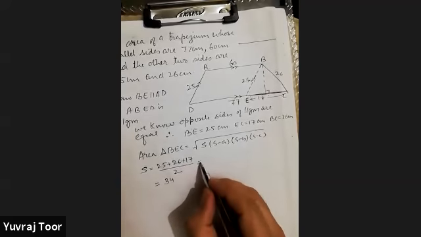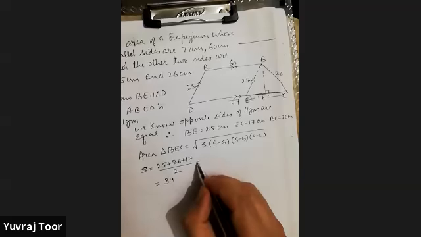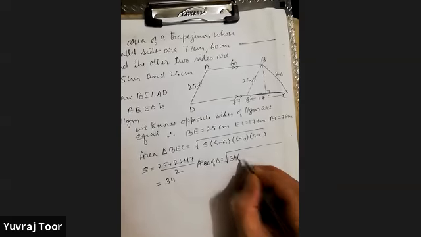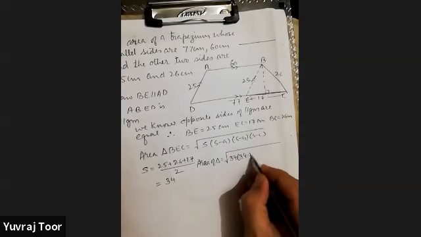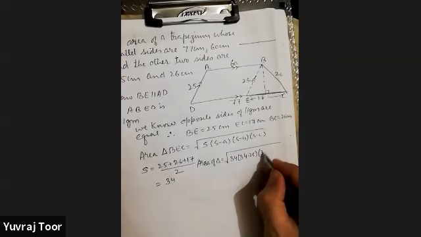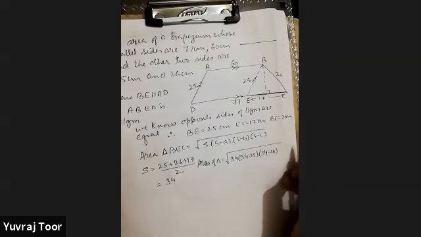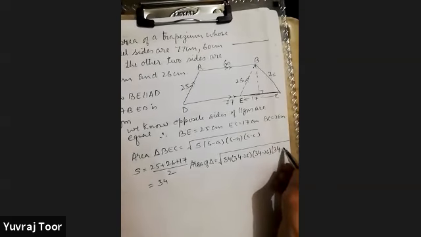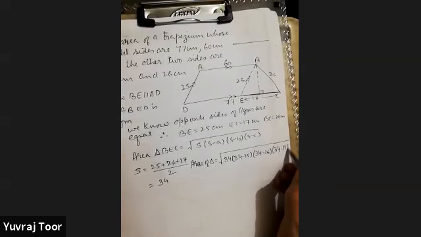So we'll use the formula for the area of a triangle. S is 34, 34 minus 25, 34 minus 26, and 34 minus 17.